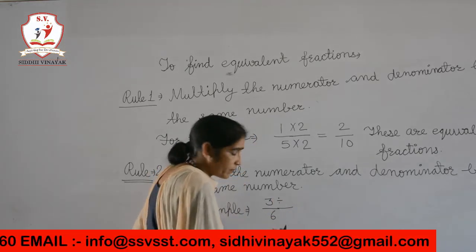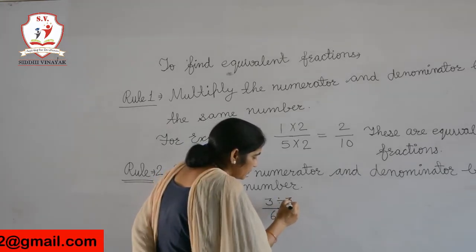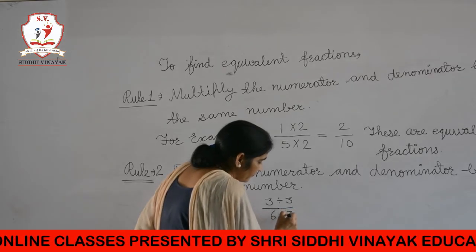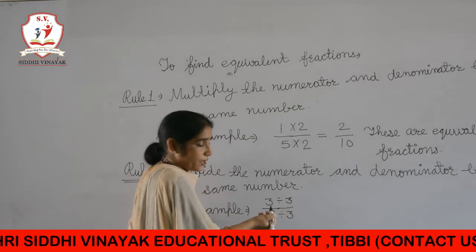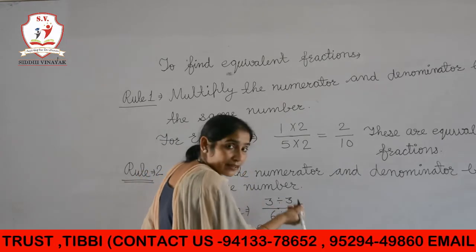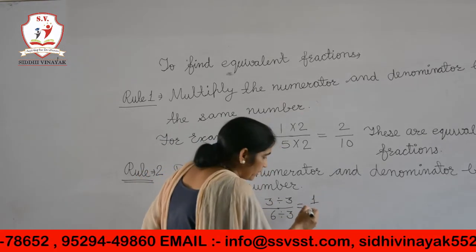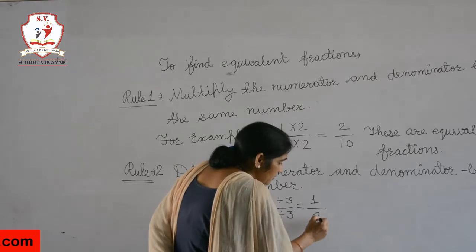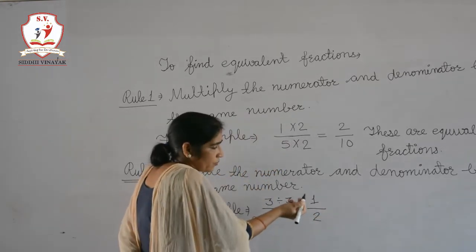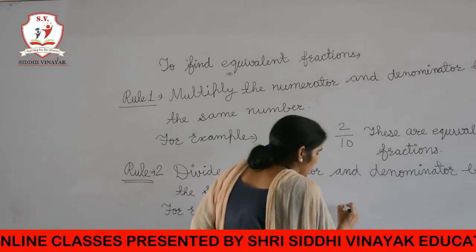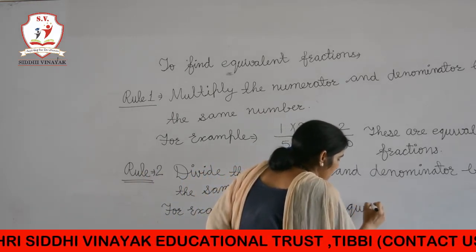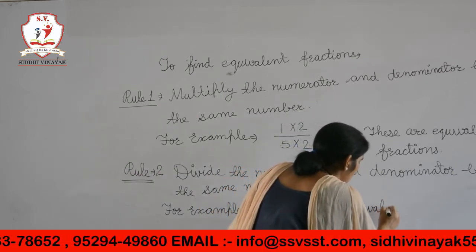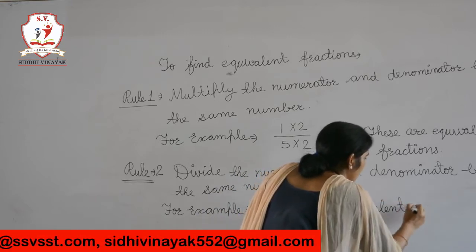We divide by the same number. We divide by 3. 3 divided by 3 is 1. 6 divided by 3 is 2. So 1 upon 2 is an equivalent fraction.